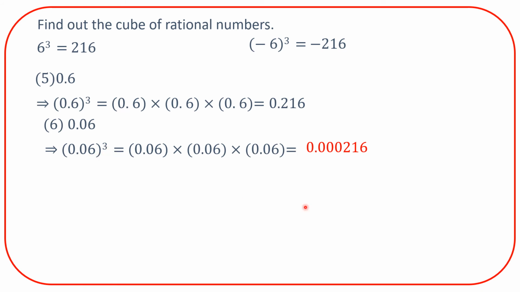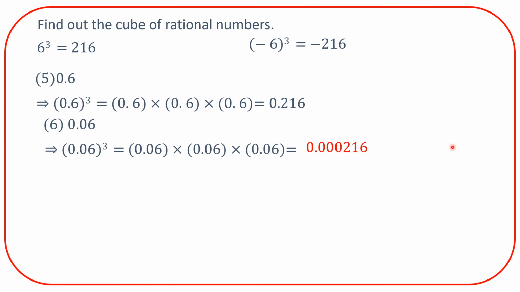After the cube, how many places? 2 into 3, 6 places. If we take 0.006, then the answer has how many places? 9 places, 3 into 3 into 3. This is a relation in decimal numbers when we find the cube.